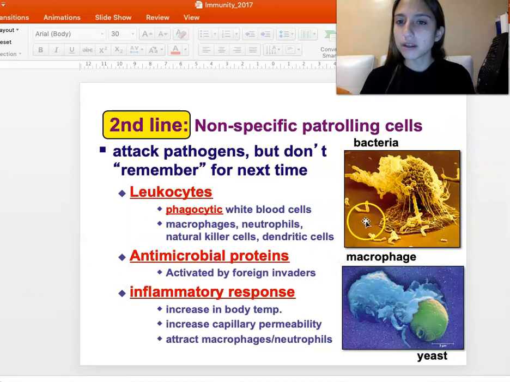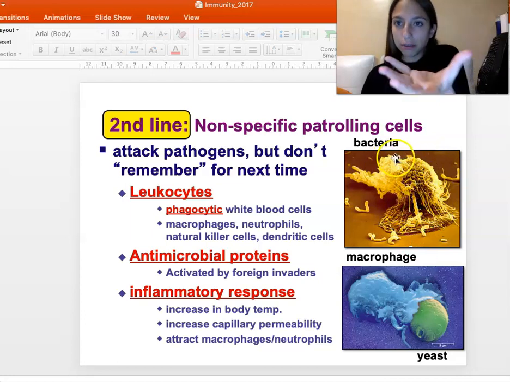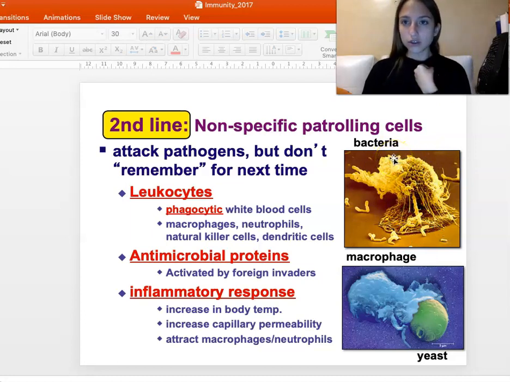These tiny little things can be bacteria. And this large, massive thing is a phagocytic white blood cell. What it's trying to do to this bacteria is engulf the bacteria inside its own cell so that internally it can break it down and kill it. Okay, so it eats, let's say, the bacteria so that internally it can break it down.